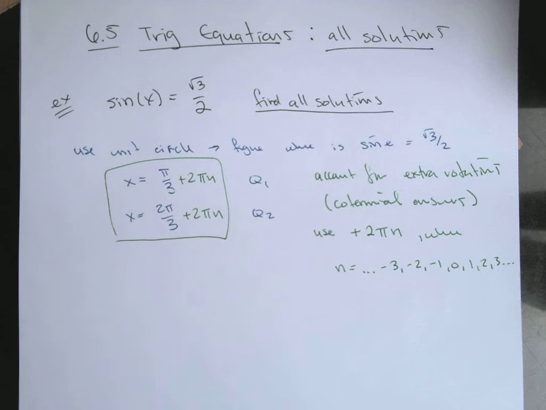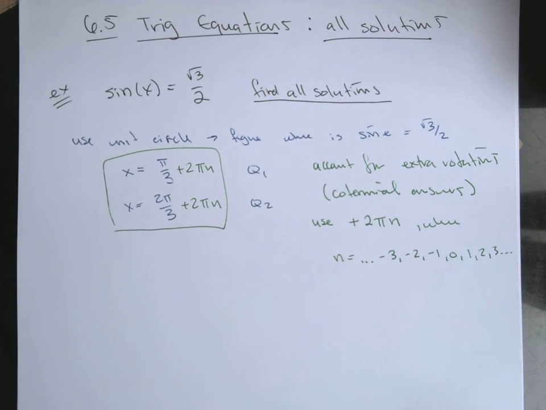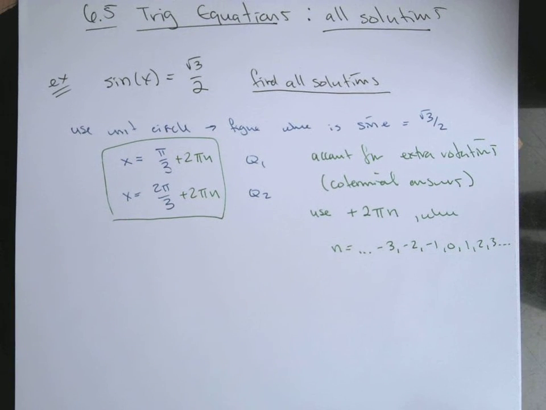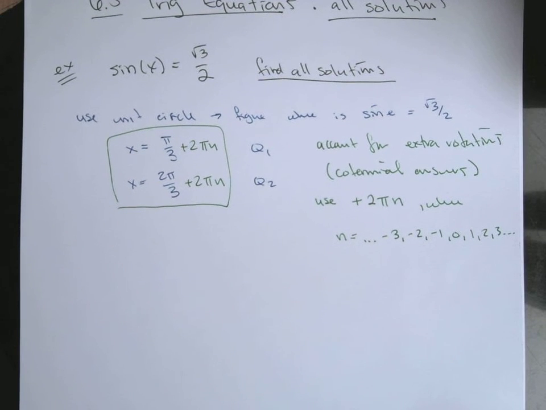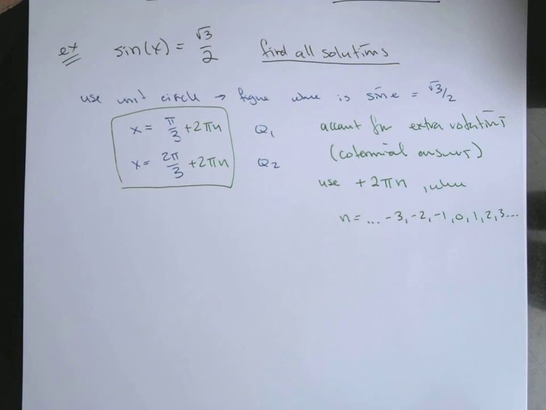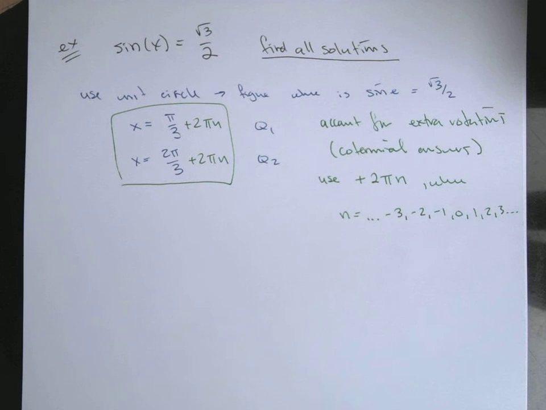So if we're asked to find all the solutions to a particular equation, it really just amounts to this. We go once around the unit circle to find the initial positions, and we add a 2 pi n to generalize it to any number of rotations. It's a quick notational fix to help us from having to write out dozens and dozens, hundreds of angles, and when would we stop if we didn't generalize it somehow.